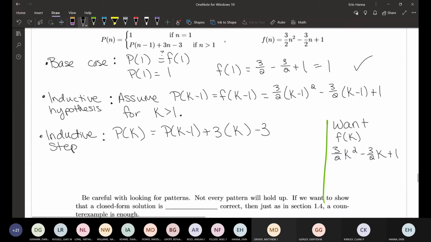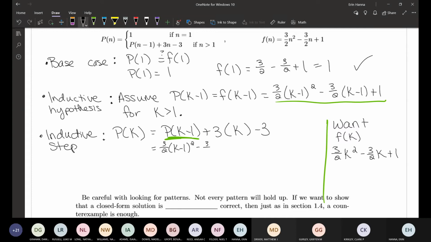Once you have P of k, we take our P of k minus 1 and replace it with its kind of gross thing that it is. So 3/2 (k minus 1) all squared minus 3/2 (k minus 1) plus 1.